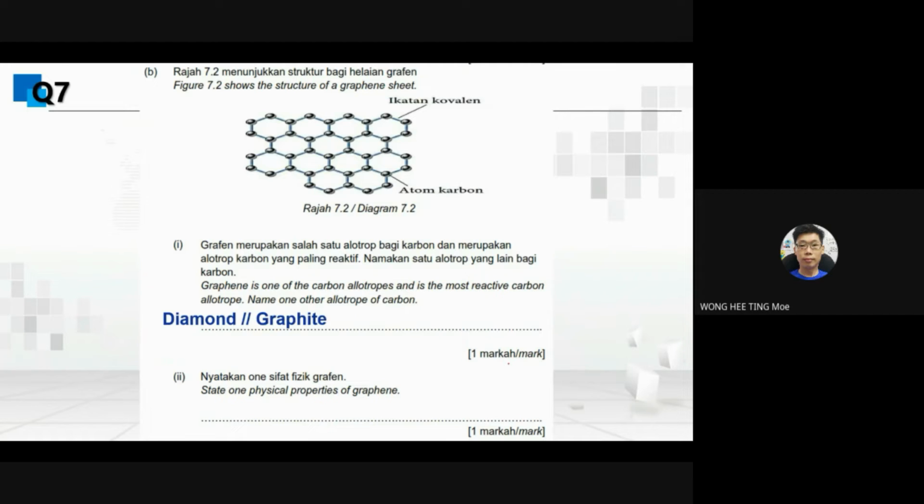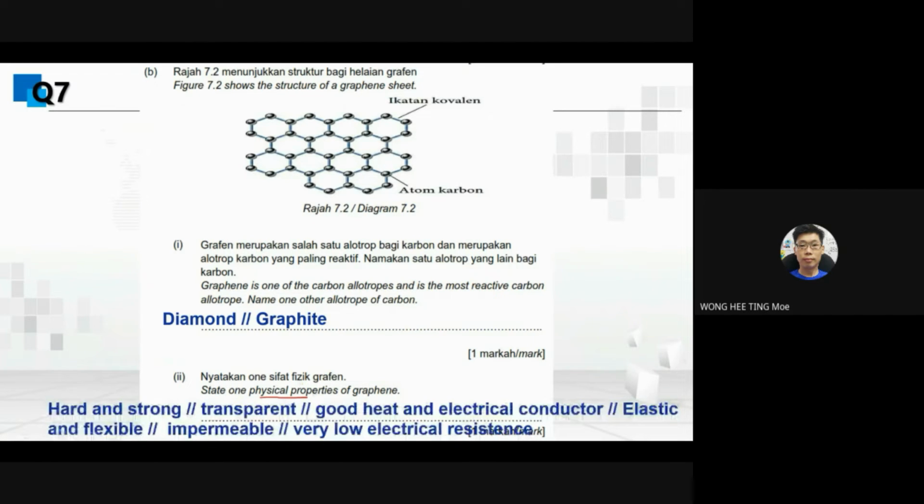State the physical property of this graphene. What is the physical property? Hard, one atom thick. Okay, any other answer? Okay. Physical property. Okay, hard and strong, transparent.